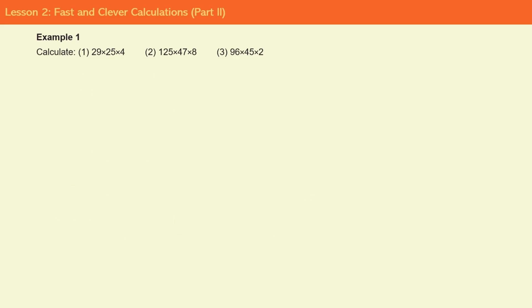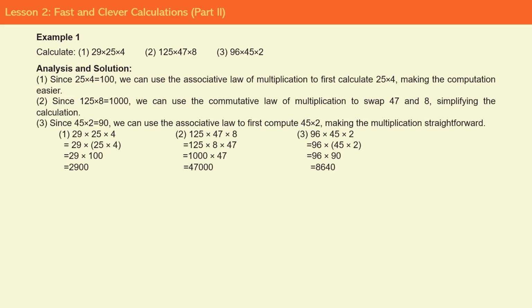Example 1. Calculate 29 times 25 times 4, 125 times 47 times 8, 96 times 45 times 2. For question 1, since 25 times 4 equals 100, we can use the associative law of multiplication to first calculate 25 times 4, making the computation easier.